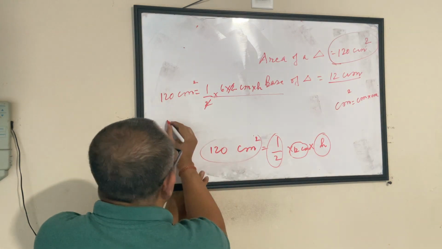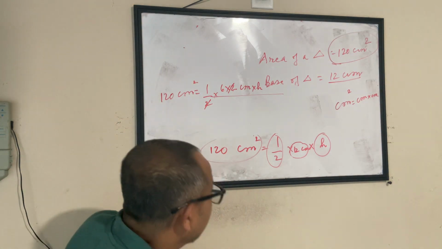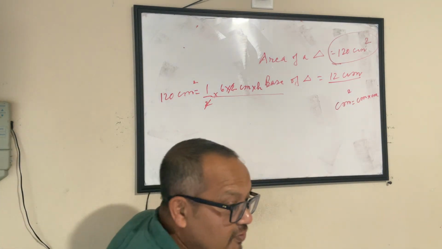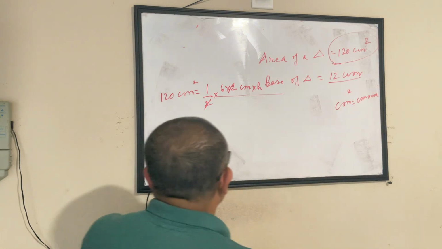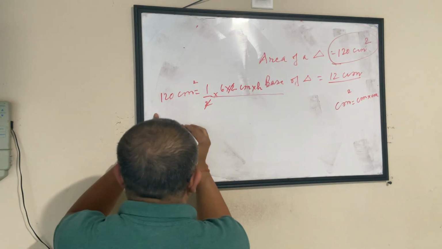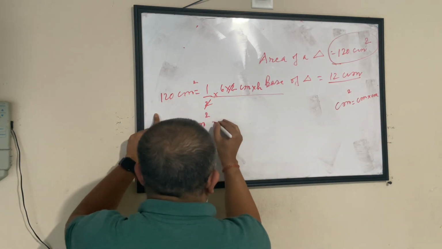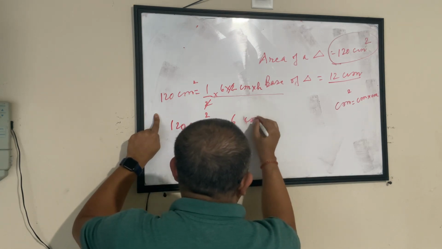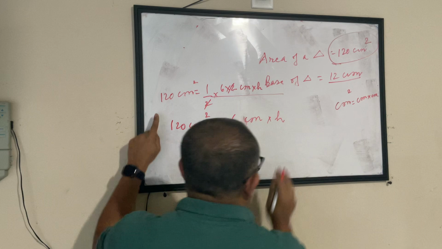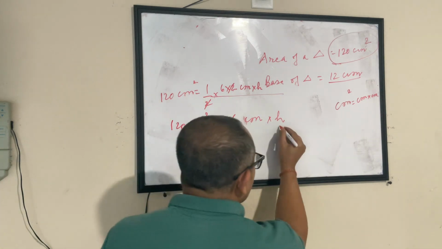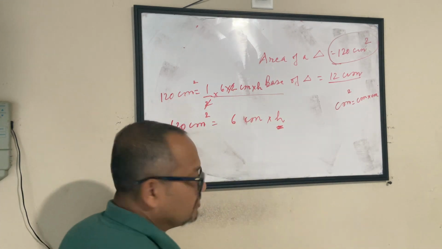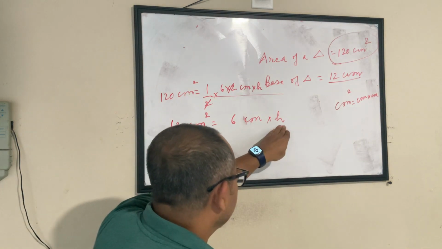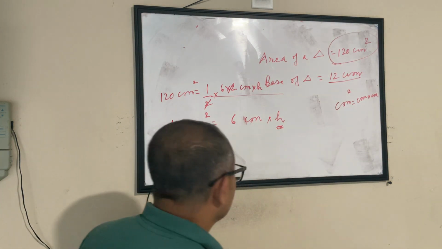So what do I have here now? And see, I am going very slow only because I want you guys to understand this clearly. So 120 centimeter square equals 6 centimeter into height. And what we have to find out is h. What is the height? We don't know the value of height, h. That's what we have to find out.